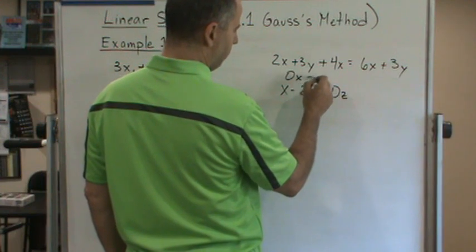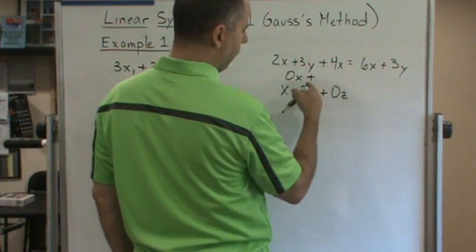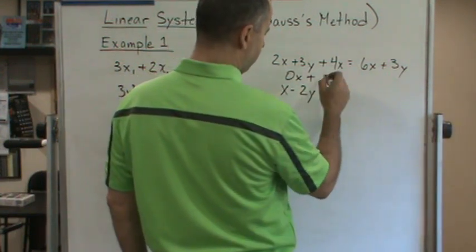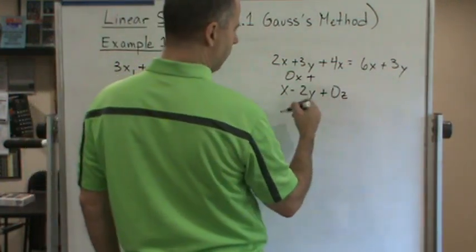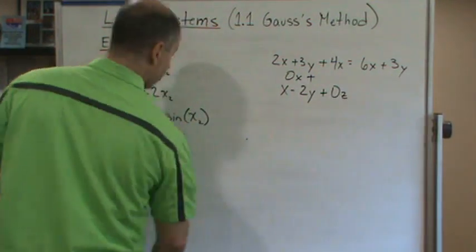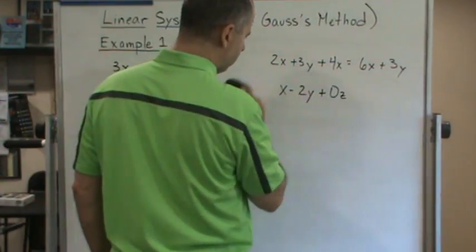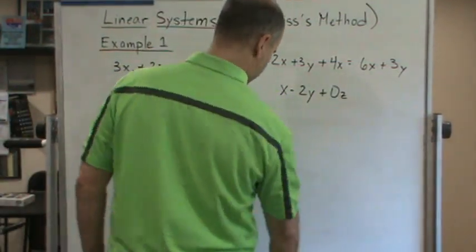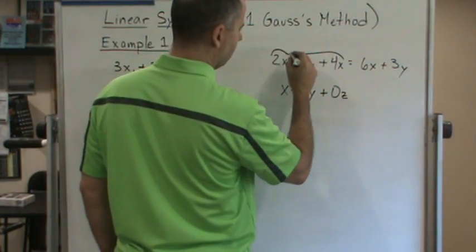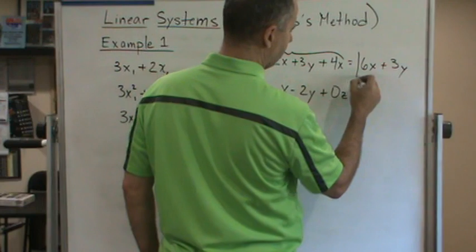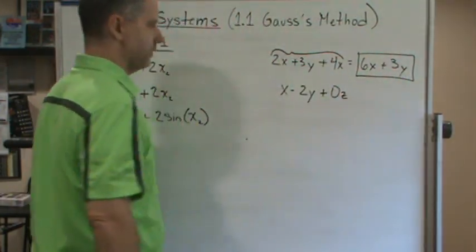Plus, we have 3y over 3y, which again gives us 0y. So they end up canceling each other out. The main thing is we can take this and simplify it to this.